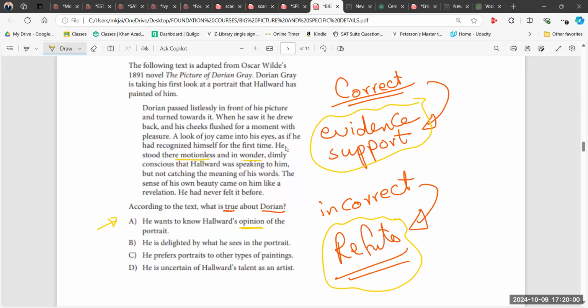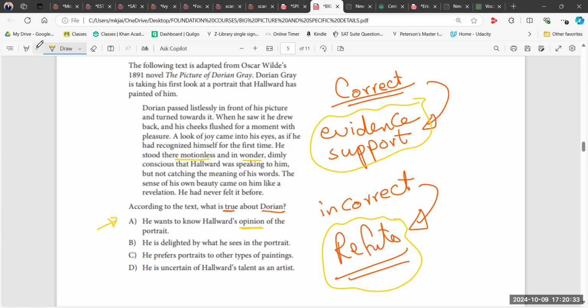Who stood there motionless? He refers to Dorian. Okay, so Dorian stood motionless, Dorian didn't move, and in wonder. So is this a support? Where is the opinion? He wants to know the opinion. Do they match? No, this tells you that this person didn't move and is wondering about something. It didn't say that he wants to know the opinion.